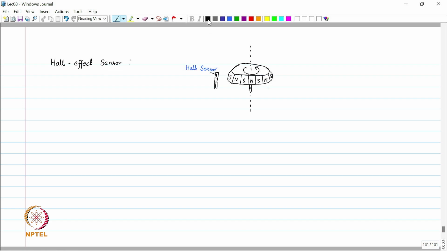Primarily we have a Hall sensor or Hall device in this. This device is actually the sensing element.